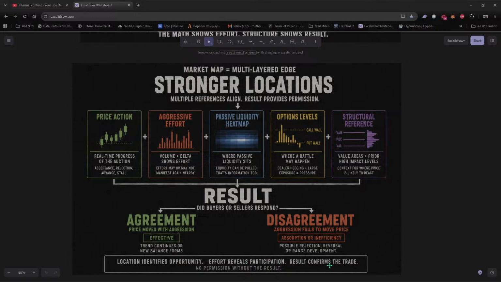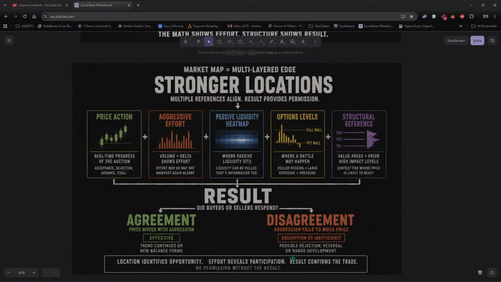Well, a lot of times, truth be told, this is a little inaccurate because if you wait for the result, you may miss the move. So this is a model. It's not literal.